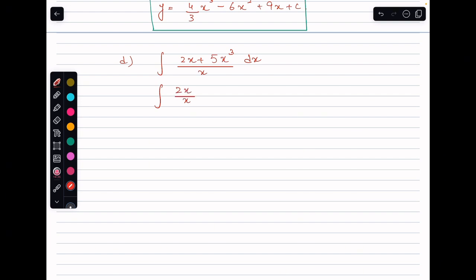So that means it should be 2x divided by x and then 5x³ divided by x again, and then dx. So integrating all the terms with respect to x, I should be having a 2 here, and then here it should be a 5x², since x³ divided by x gives me an x², and then I should be having dx.